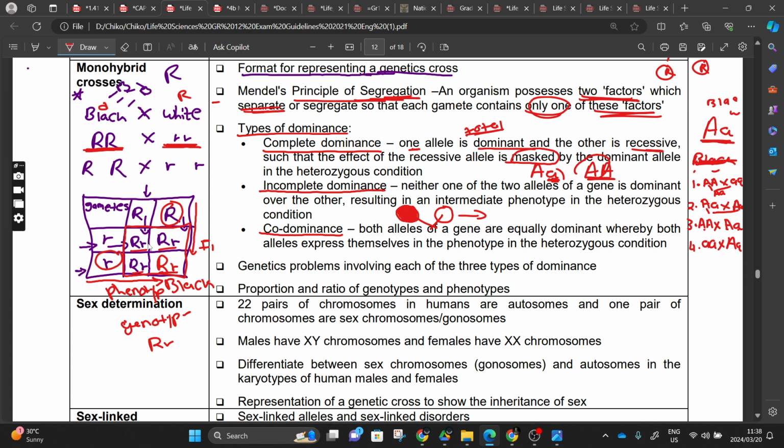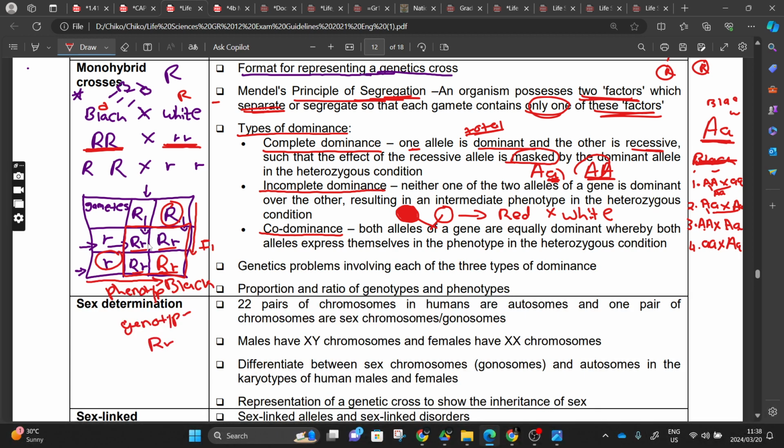We'll use an example, a flower. They will say a red flower was crossed with a white flower, and neither of them is dominant over the other.